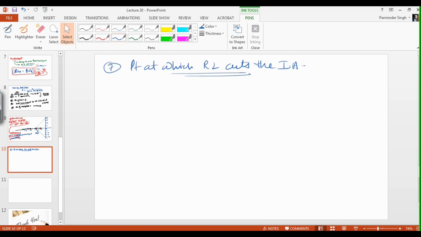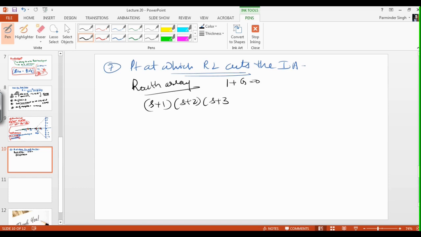For this rule, we're going to prepare the Routh array. The Routh array needs a characteristic equation. So our characteristic equation will become (s plus 1)(s plus 2)(s plus 3) plus k equal to 0. Clear? Now we solve this. This becomes s cube plus 6s square plus 11s plus k plus 6 equal to 0.